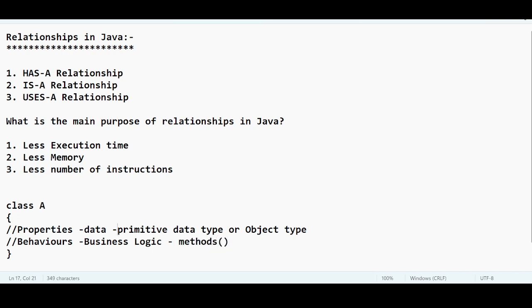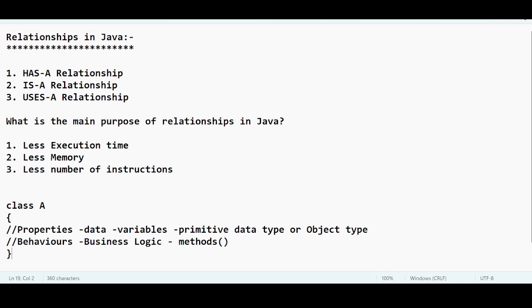Here you use variables, again of primitive or object type, and here you use methods. When you talk about relationships, you will always use properties to define the relationship. Of course, behaviors are also important, but most of the explanation will be on top of these properties.